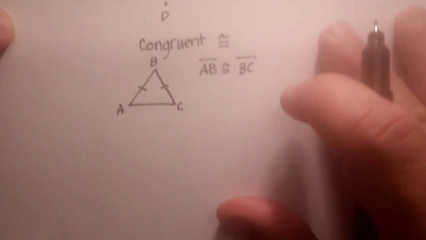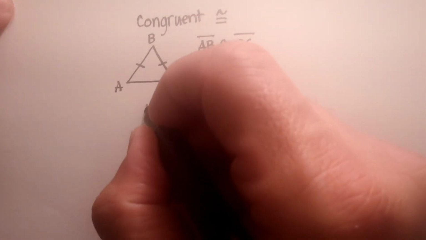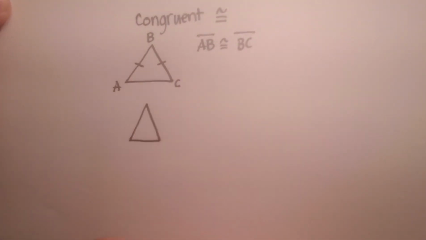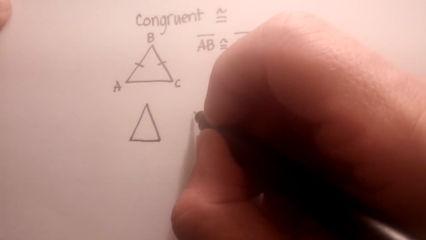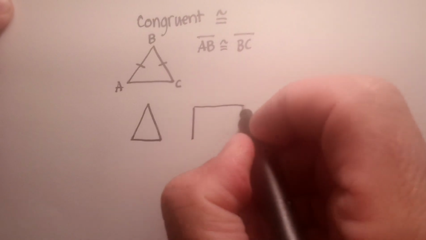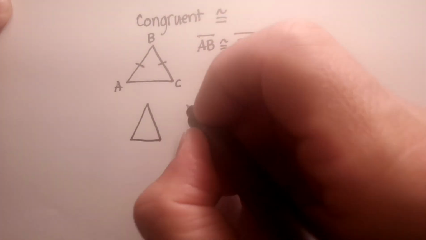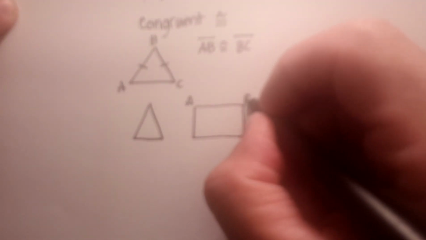So if I had, for example, another triangle that looks something like this, okay? Or let's say another figure that looks like this. Actually, let's try this one because it's a little bit better.